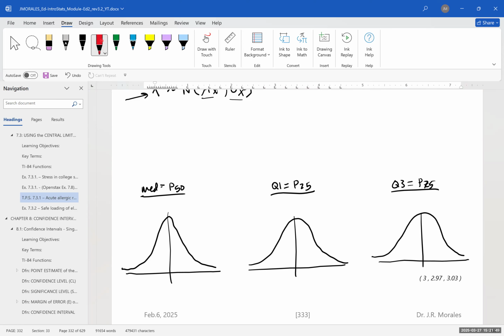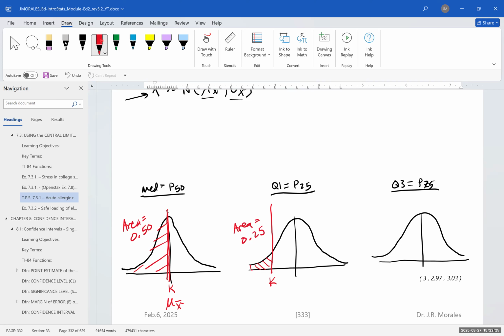For the first one, the 50th percentile is where the area is 0.5, which is exactly the mean of our distribution of sample means. The 25th percentile will be some value on the left where the area is 0.25.